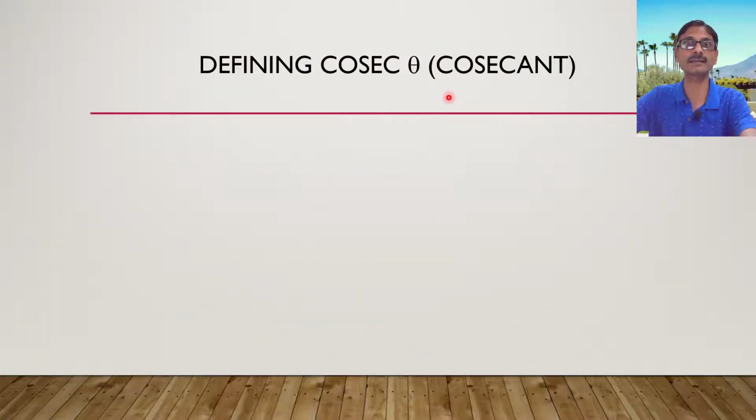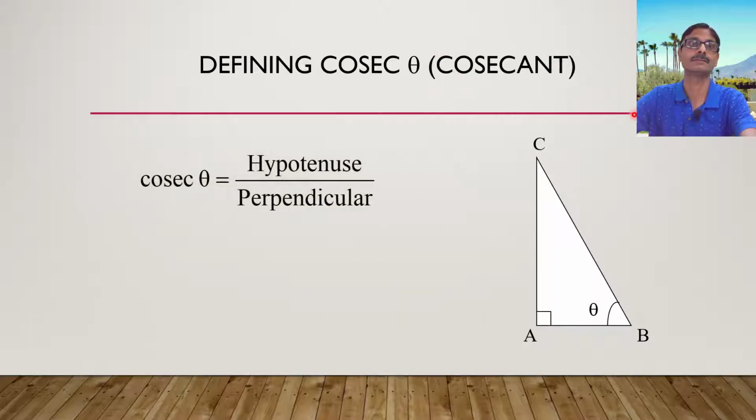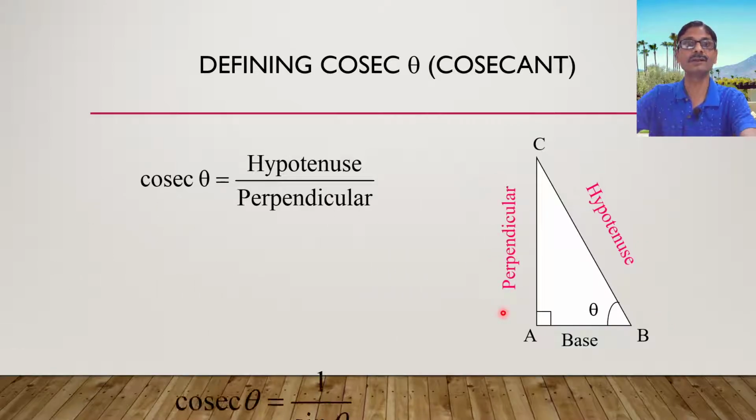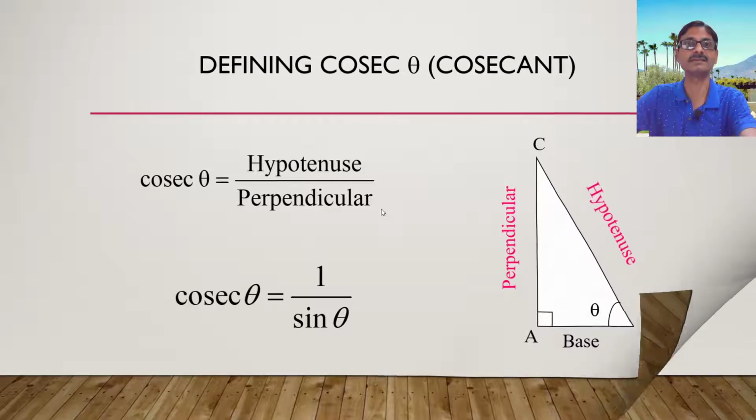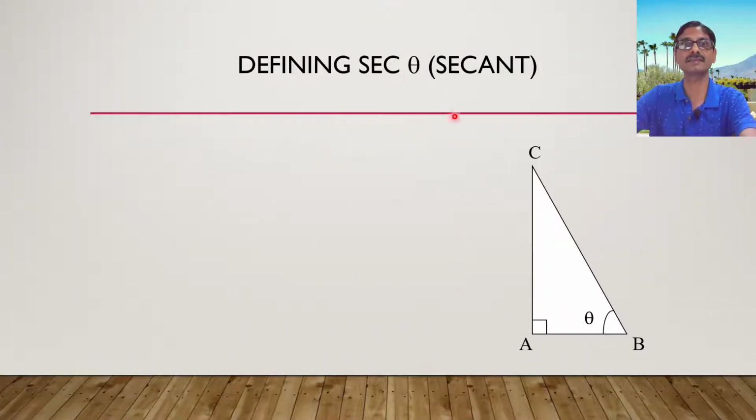Next comes cosec theta. Full name is cosecant. Cosec theta is given by hypotenuse upon perpendicular, ratio of hypotenuse with perpendicular. And when I said this, you must be able to recall sine theta. Yes, cosec theta is reciprocal of sine theta because sine theta was perpendicular upon hypotenuse. Next comes sec theta, full name secant.